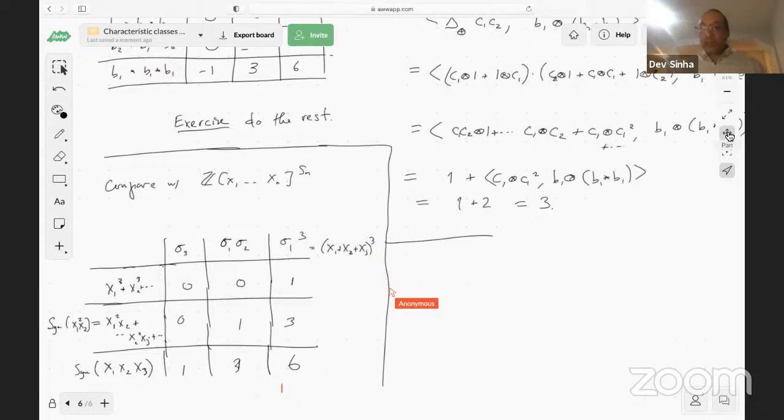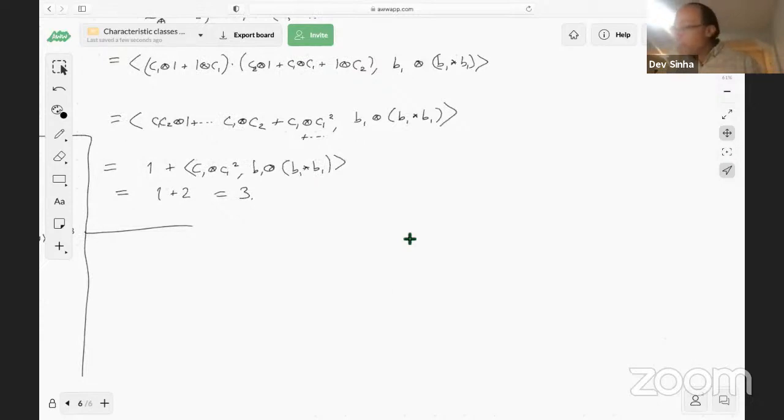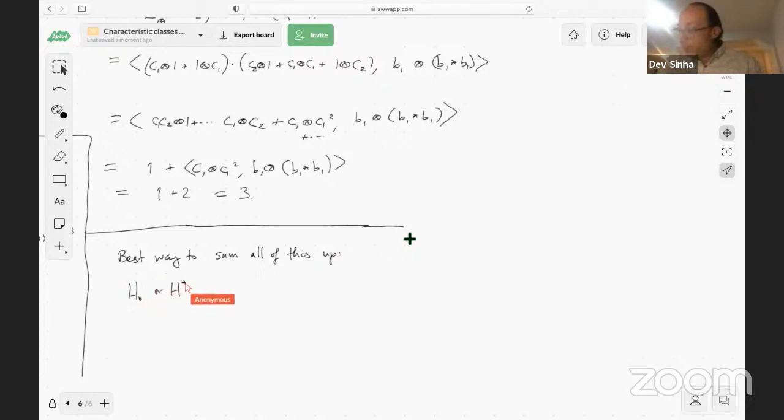So the ultimate place this is going, and I haven't given you all the steps, but I think I've certainly given you all the tools for you to get there in this travel journey. So in fact, the best way to sum all this up, a little bit more work, but not too much. The homology or the cohomology of BU, which is the direct limit of BUNs.